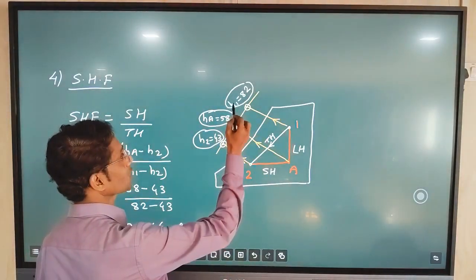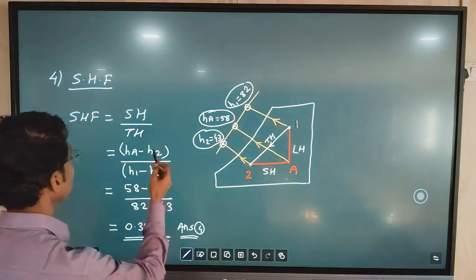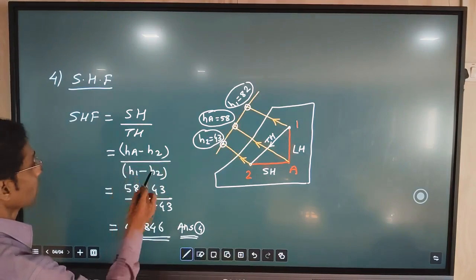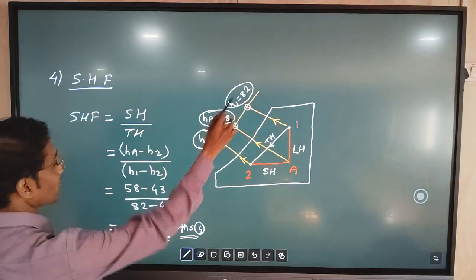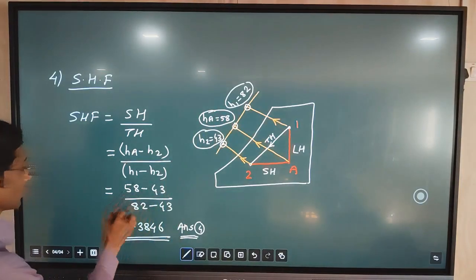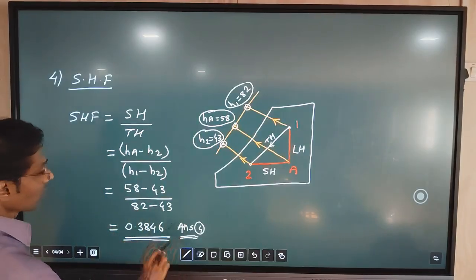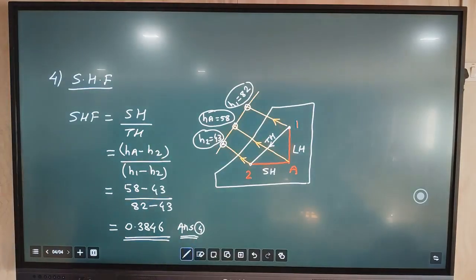So these values H1, H2 and HA, we will put in this formula. So here HA value minus H2 value divided by H1 value minus H2 value. So by doing this calculation we find sensible heat factor. That is our final question subpart answer, that is 4.